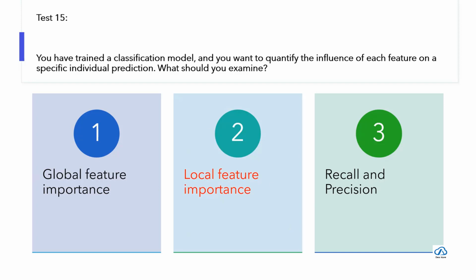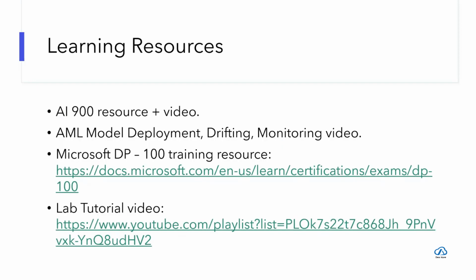So these are the types of questions that you will get to pass DP-100. As the topic of DP-100 is very big and massive, you need to go through additional resources. We have AI-900, and the video that I talked about on AML model deployment, drifting, and monitoring.